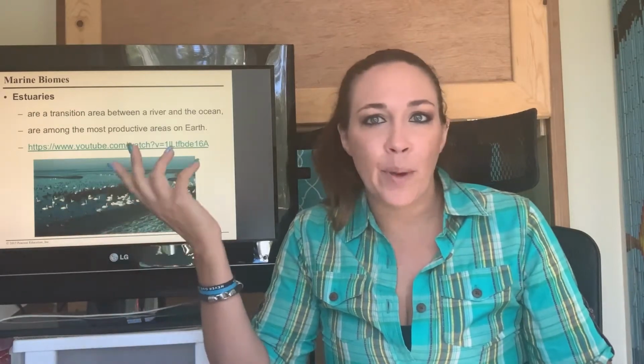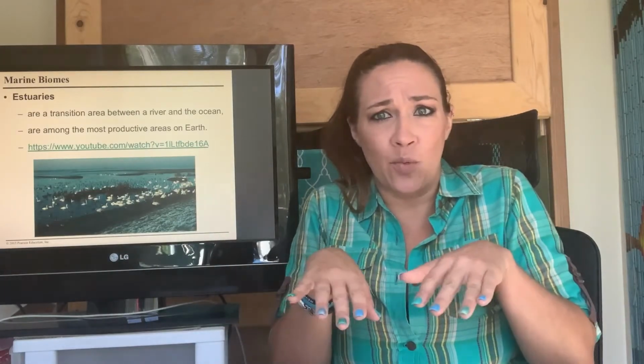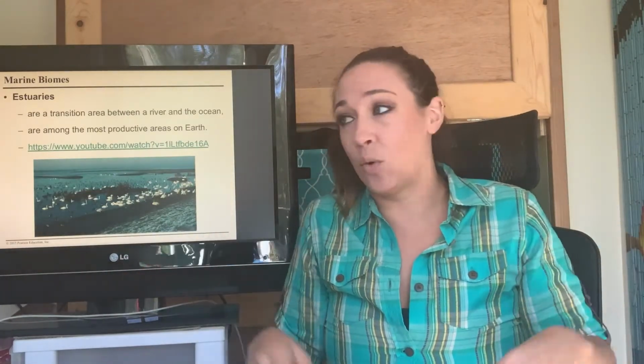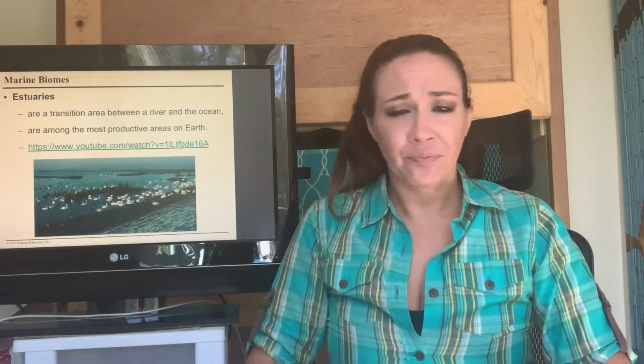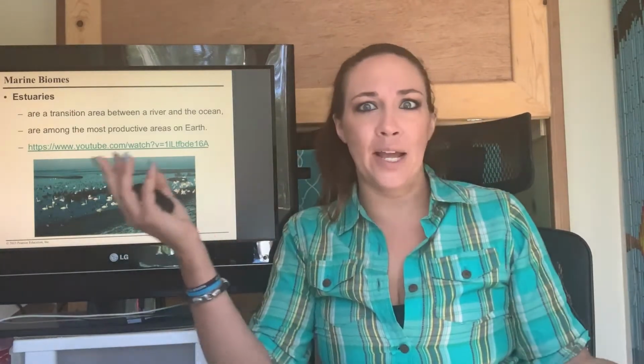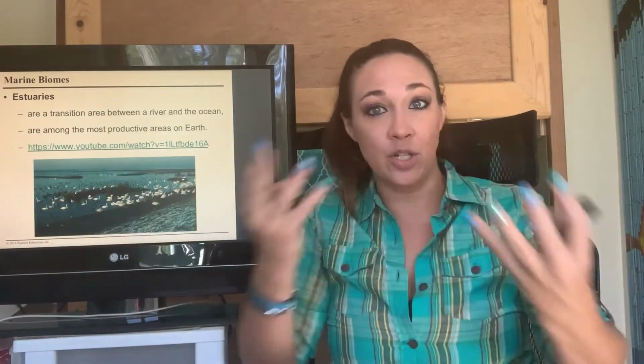You get migrating birds that are going to come because there's a ton of organisms in the water, which means there's going to be food sources, or there's insects because there's going to be fresh water and there's going to be plants. And you have plants that can survive in the saltier waters and plants that can survive in the fresh waters. Again, you usually don't see the two together.